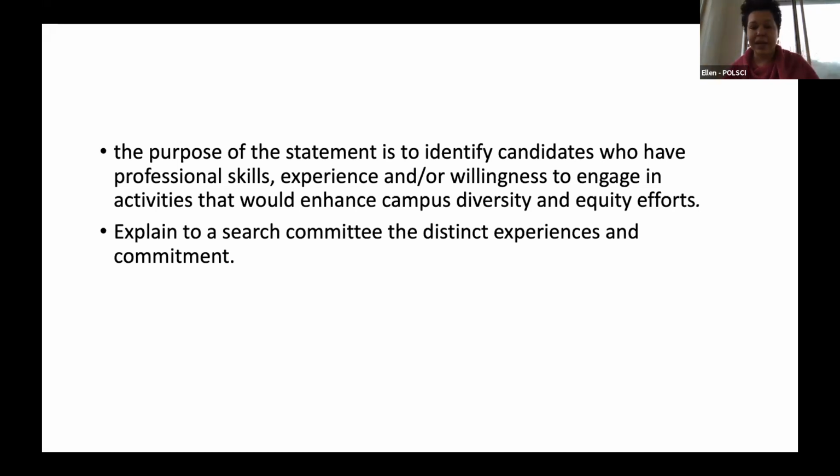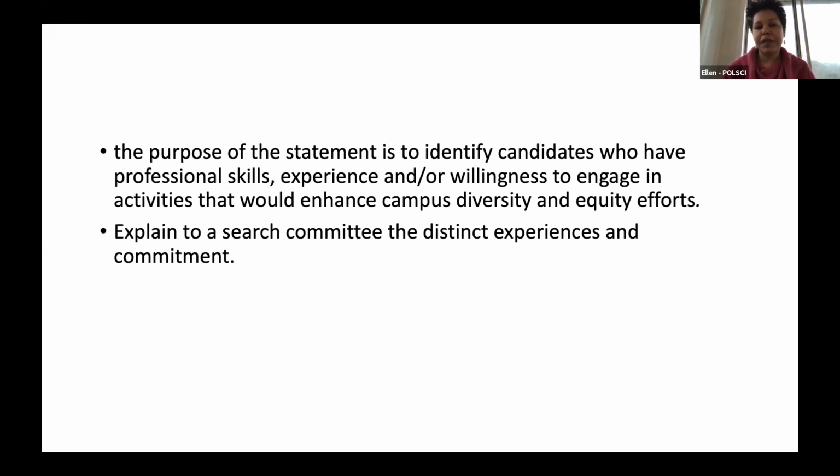For example, telling candidates to be very personal and share personal stories or experiences. Others saying, no, just focus on the numbers out of your work. Obviously, experiences will be different if you are a faculty scholar who is Black, Latinx, someone with a disability, or someone who is a veteran. Definitely you will have different experiences to share.